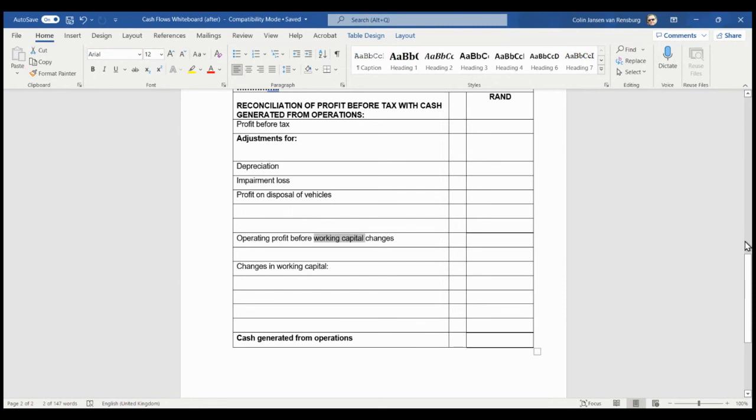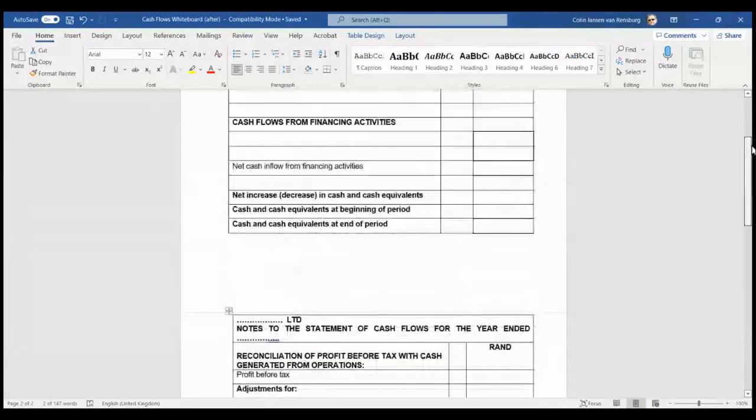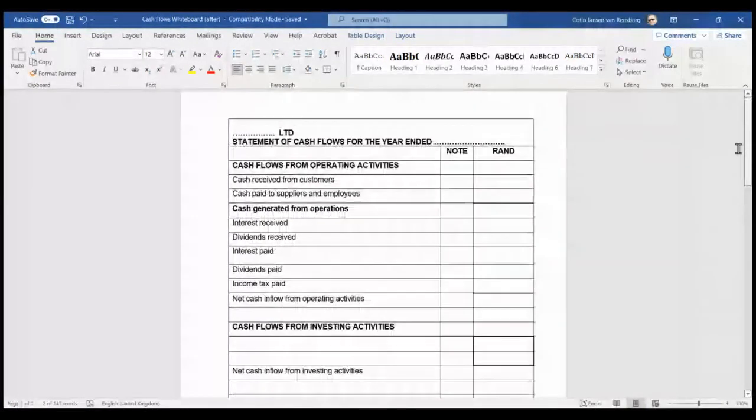We're only going to use those that relate to our operations. Now, if we go up to the face of our statement of cash flows, if we look at the direct method there, we saw that our operations really consist of our dealings with our customers and our dealings with our suppliers and employees, right?